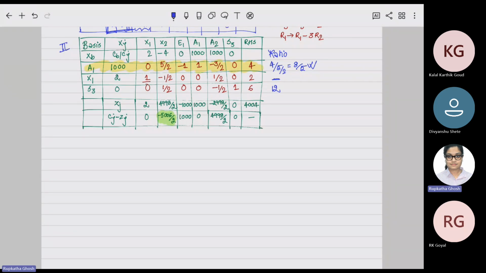Now, okay, so this is your third iteration. In your third iteration, this is my basis, XB.